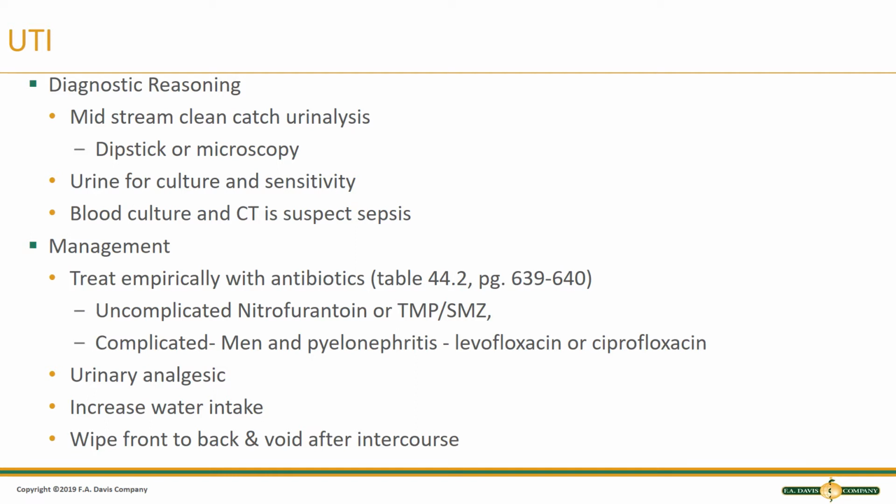And then your treatment is based on whether you have a complicated versus an uncomplicated. Be sure you look at the table on pages 639 and 640. So uncomplicated, generic Macrobid or Bactrim. Complicated, and particularly men, levofloxacin or ciprofloxacin, so your fluoroquinolones.